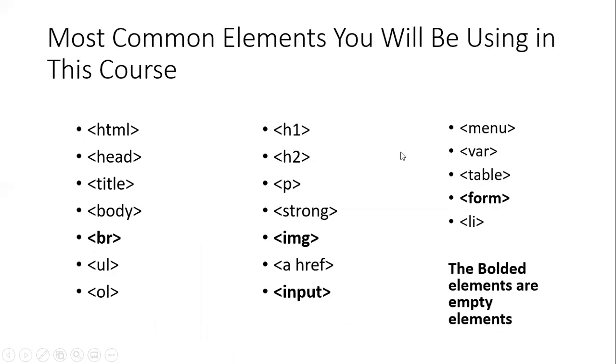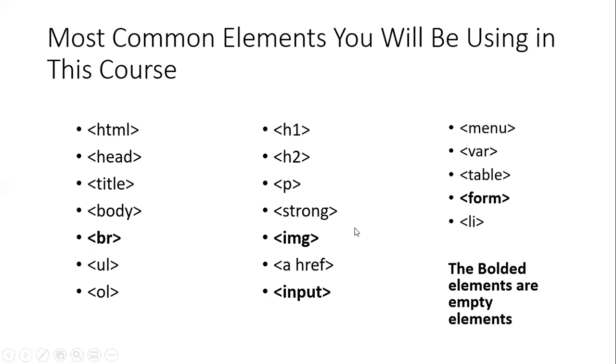These are common elements you're going to be using in this course as we design our websites. Most of them are going to be on your quiz, so good ones to know. These are all listed in the Duckett book as well, so you can refer to it there.